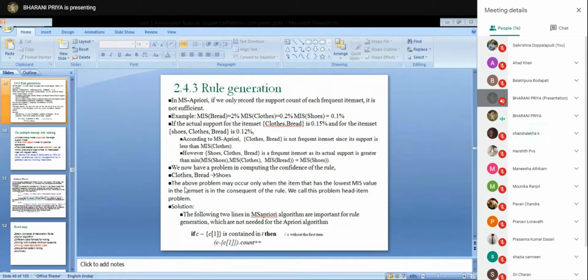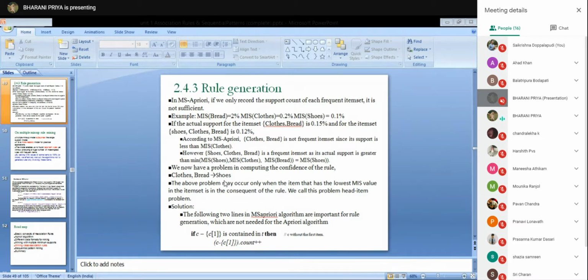So the above problem mainly occurs only when the item that has the lowest MS value in the item set is in the consequent of the rule. Shoes is having the lowest MS value. So clothes, bread may not be frequent, but shoes, clothes, bread may be frequent.